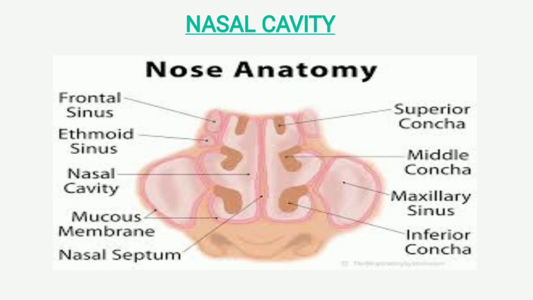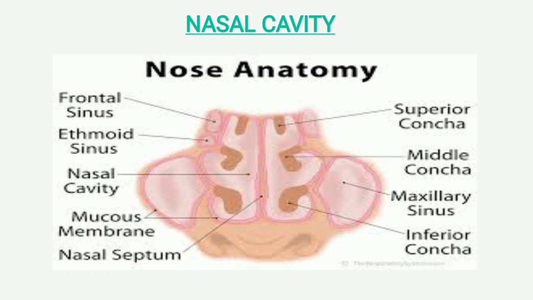When the air enters the nasal cavity, the conchae make the air come in contact with nasal epithelium and it warms the air and moistens the air. It also traps impurities in the nasal mucus, which is secreted by the mucus membrane, so that it can be eliminated from the respiratory tract.